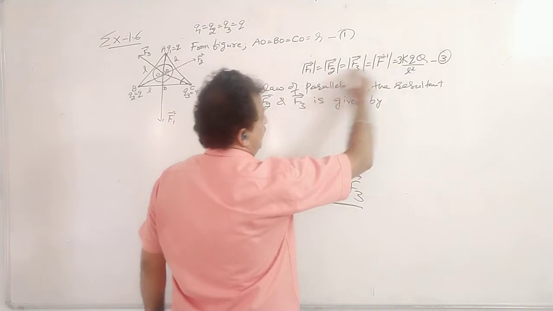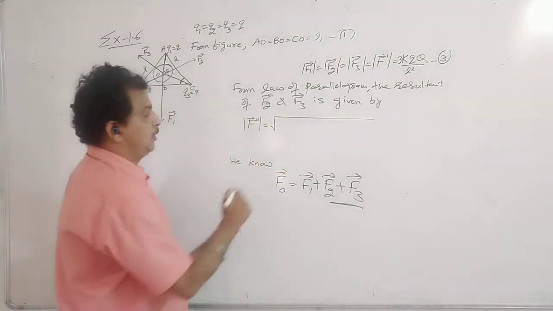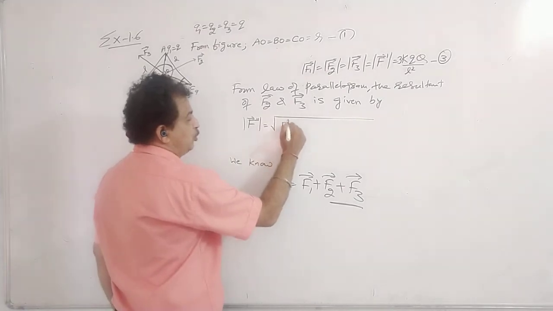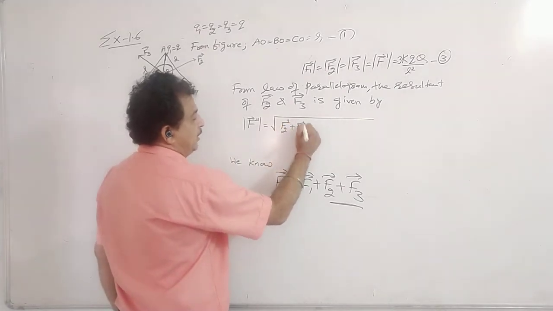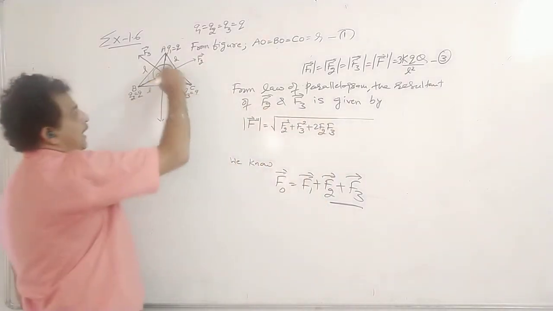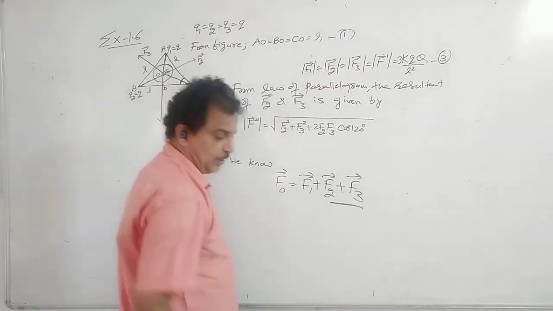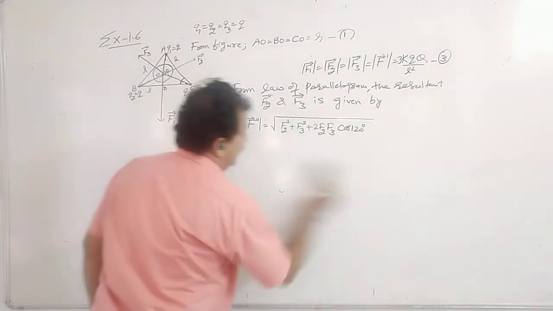F dash is for their magnitude, so this comes out to be under root, I am finding magnitude, F2 square plus F3 square plus 2F2F3, and what is the angle between these two forces? 120 degree. So this is cos of 120 degree.